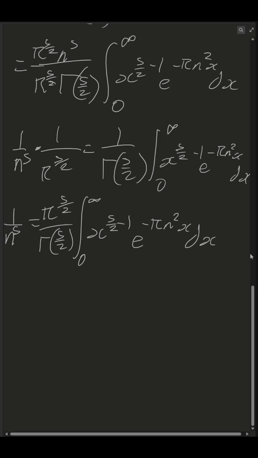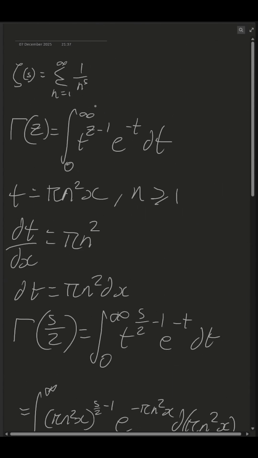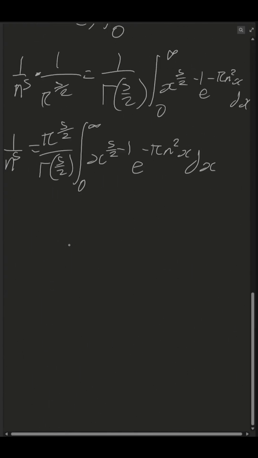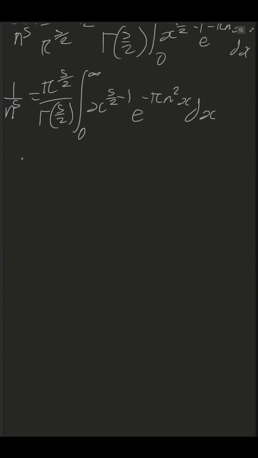So now hopefully it can be seen how this is going to fit back into our original definition of the zeta function. Hence, we can say that zeta of s is equal to the sum of that, basically.